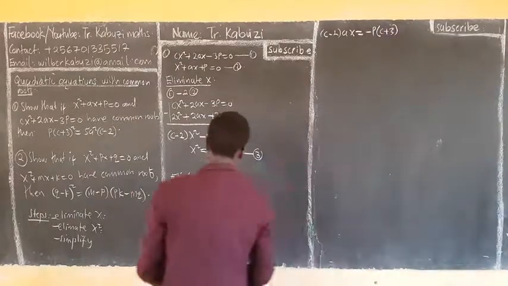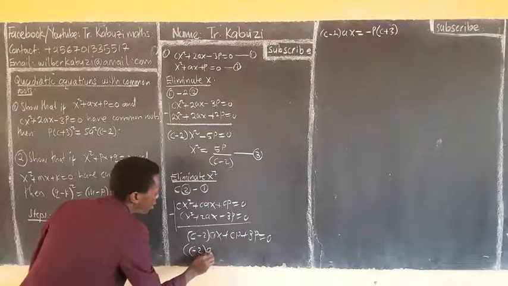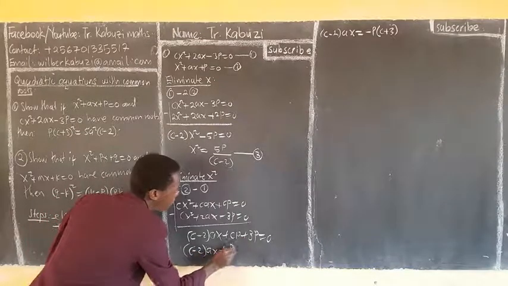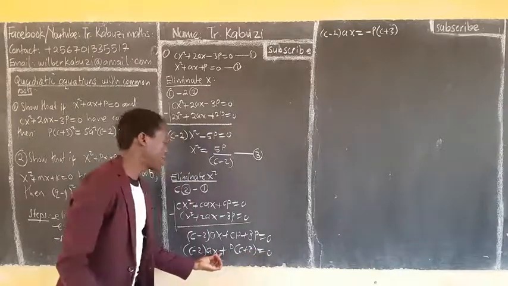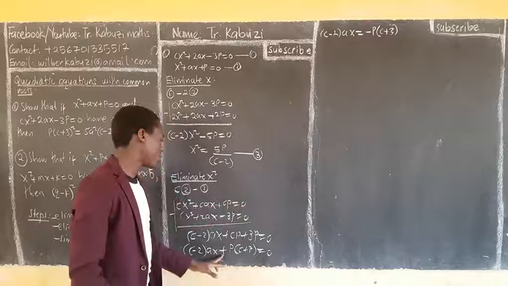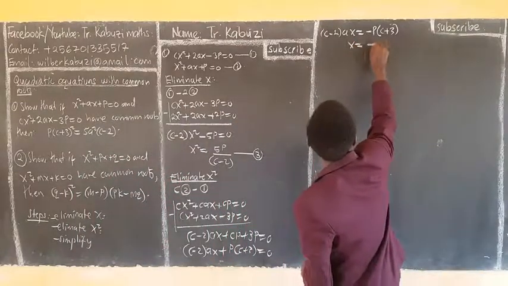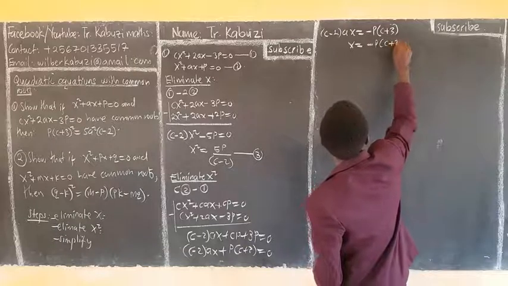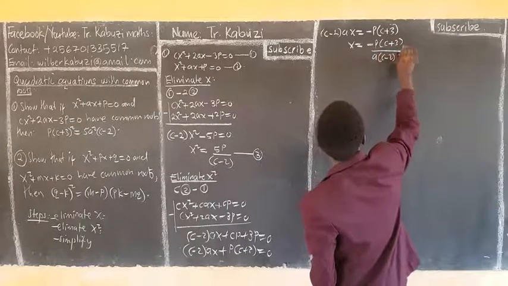So I have c minus 2 into ax, then plus p into c plus 3 equaling 0. When I take this to the other side, it just turns into a negative. So my x here will be over a into c minus 2.